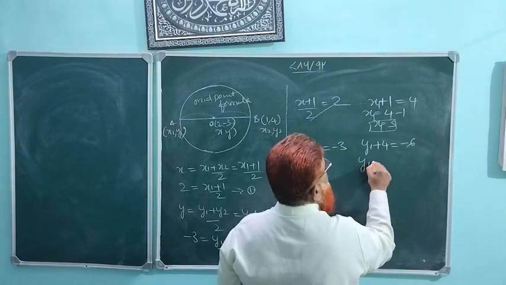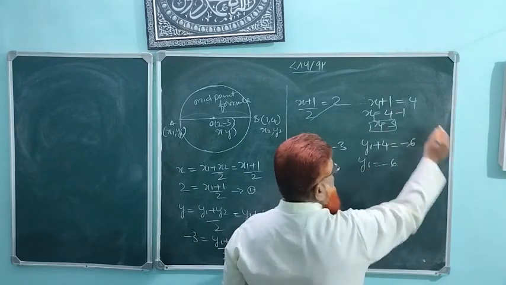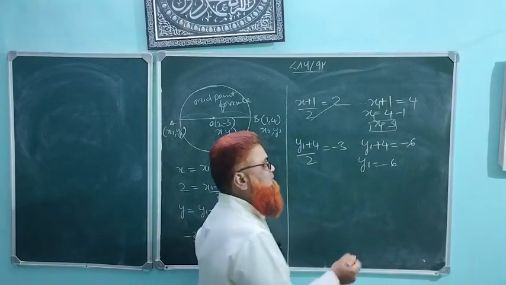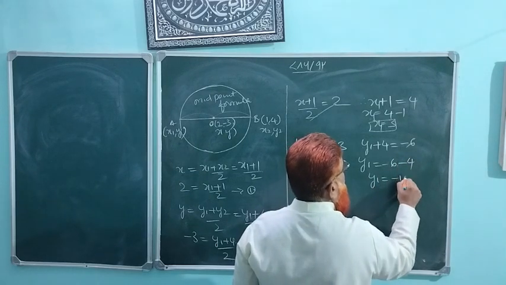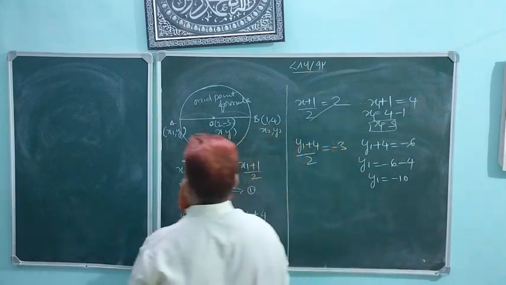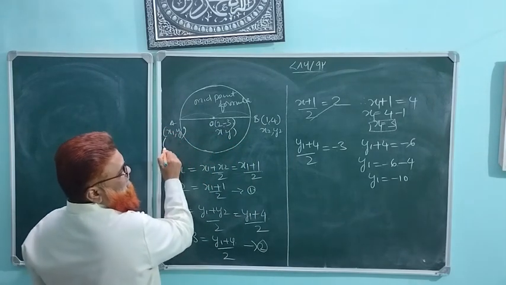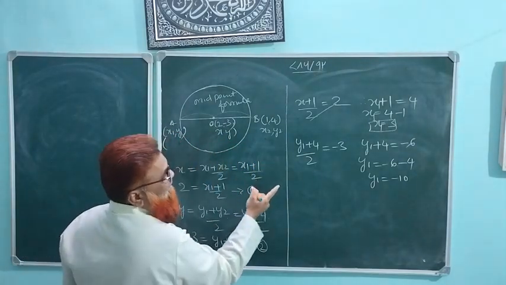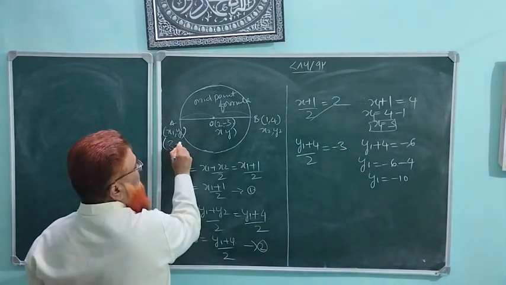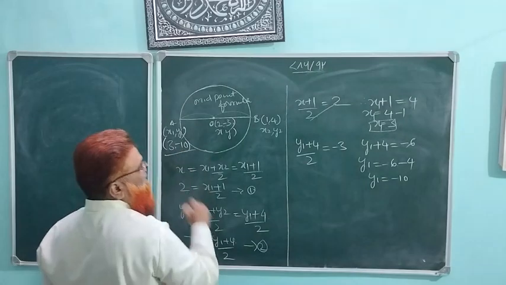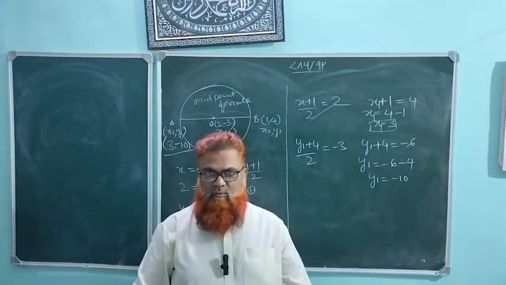Then y1 is equal to minus 6, and plus 4 goes to the right side and becomes minus 4. Then y1 is equal to minus 10. So x1 is 3 and y1 is minus 10. This way we can find the value.